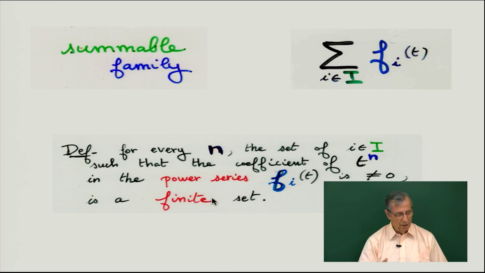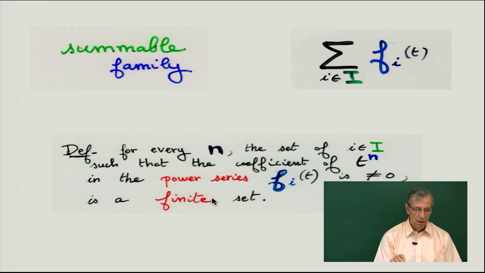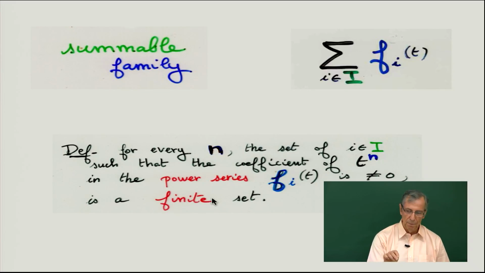You have an infinite family of polynomials or formal power series. If for each of these Fi you collect the term t power n for a certain n, then the sum is finite, it's a finite set of such terms.